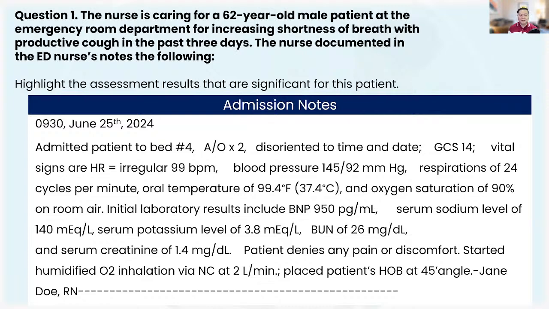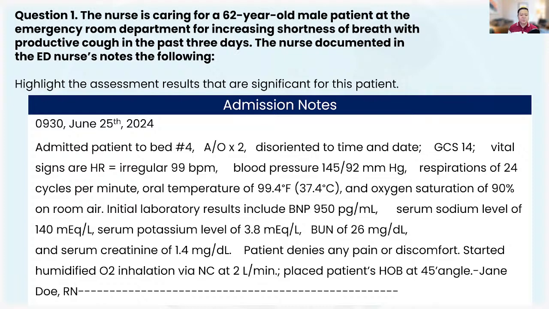Vital signs are heart rate irregular, 99 beats per minute, blood pressure of 145/92 mmHg, respirations of 24 cycles per minute, and oral temperature of 99.4 degrees Fahrenheit, 37.4 degrees centigrade, and oxygen saturation of 90% on room air.